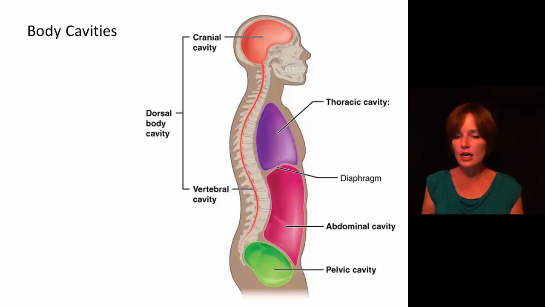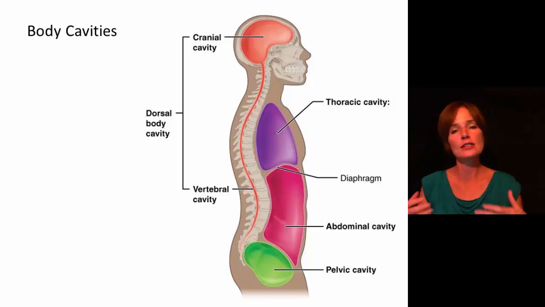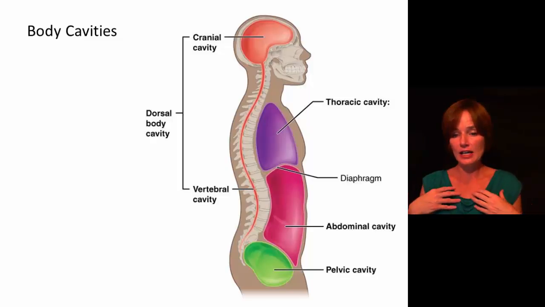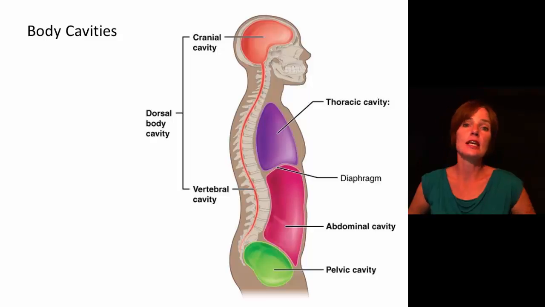So on the front of it, we have basically 3 different cavities that we distinguish. We have the thoracic, which is up in the chest. The rib cage is going to kind of surround that cavity. We have the abdominal cavity, okay, which is in the abdomen, obviously. That is the largest of our body cavities. And then we also have the pelvic cavity, which is going to be down in our pelvis region.